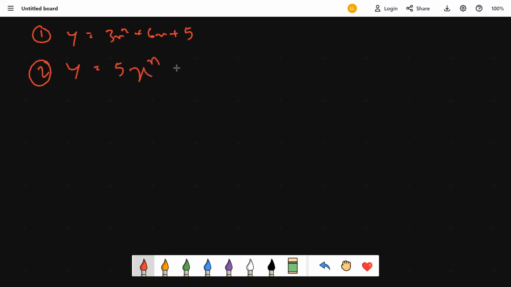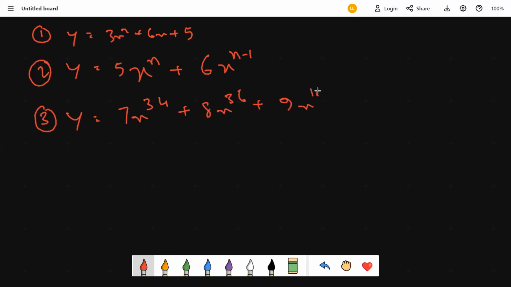Number 3: y equals 7x to the power 34 plus 8x to the power 36 plus 9x to the power 108. Number 4: y equals e to the power 5x plus 6x squared.